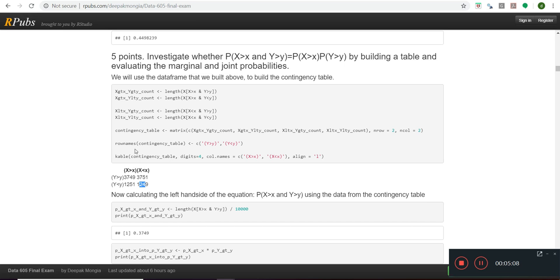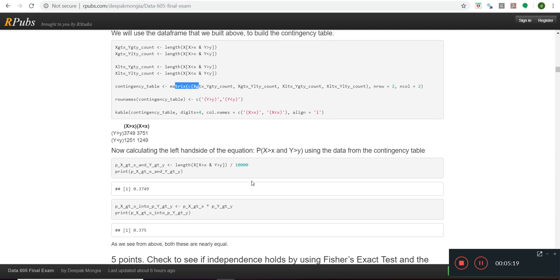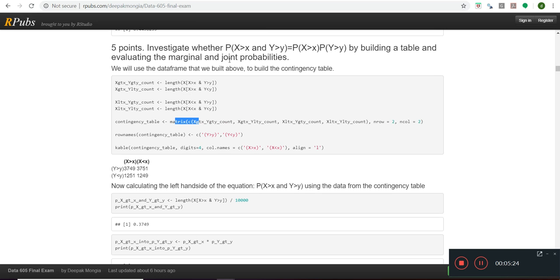And I put it in the form of a matrix, which is my contingency table, and I've named the rows and columns appropriately.